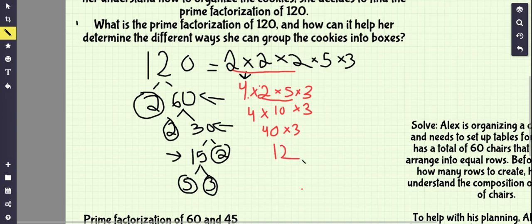And since this is one way she can break it up, if you're a little smarter, you can say that 2 to the power of 3 times 15 is equal back to 120. Want to prove it? 2 to the power of 3 times 15 is 120.